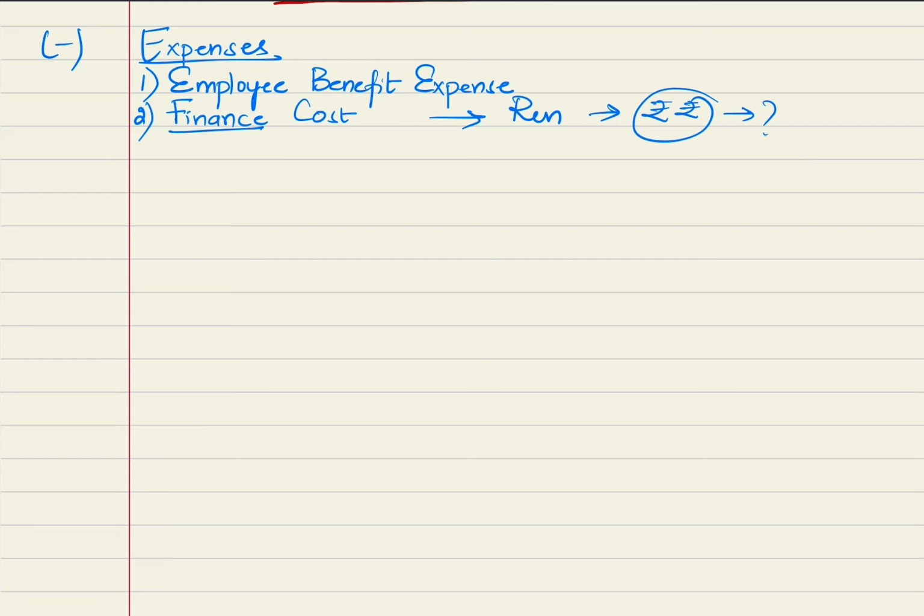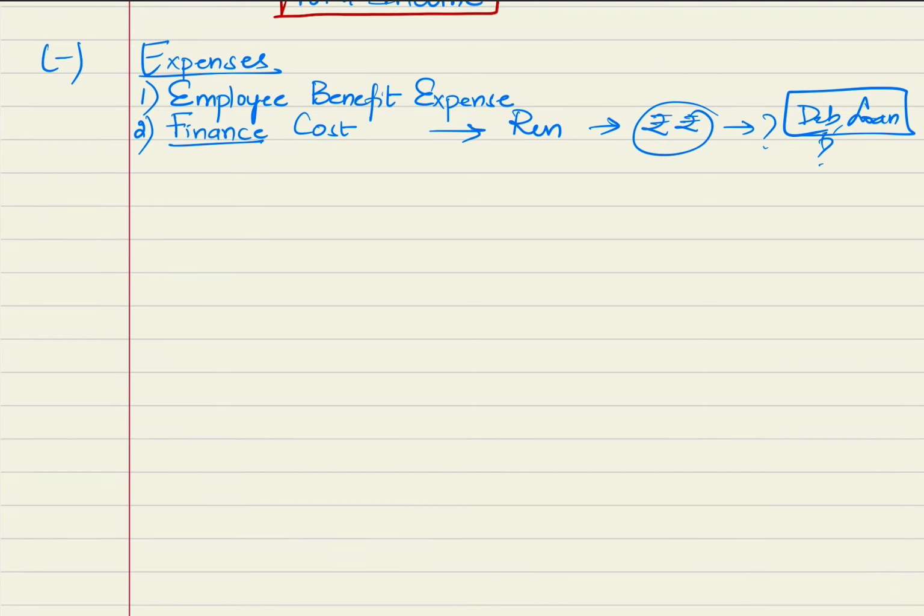They will arrange it in the form of debentures, or they will get a loan. To repay a debenture or loan, they have to pay interest, correct? So this interest is called the finance cost. I hope you understood what finance cost is and why it is called finance cost.